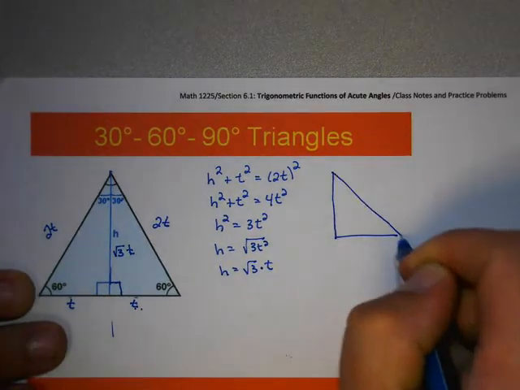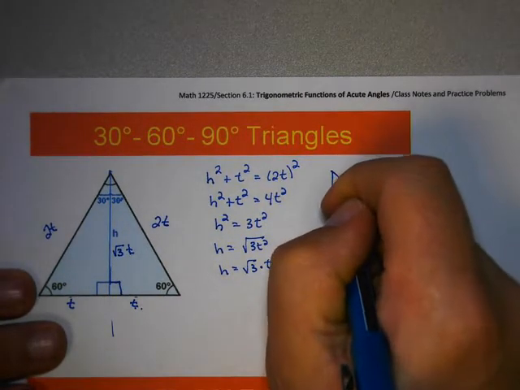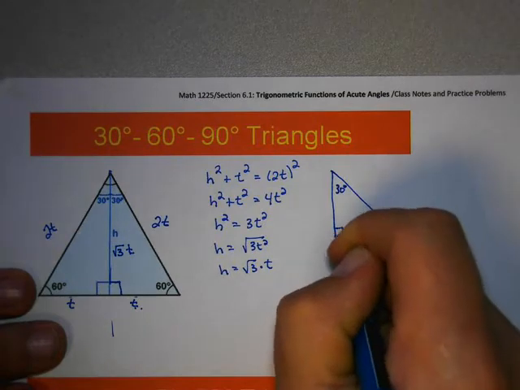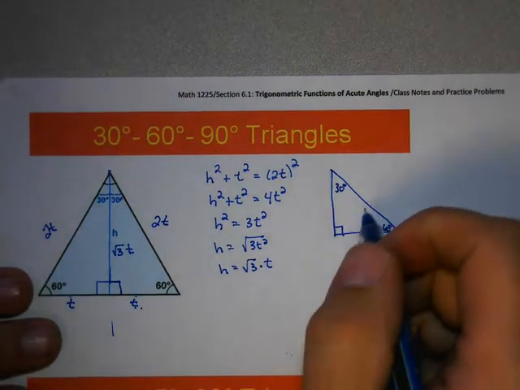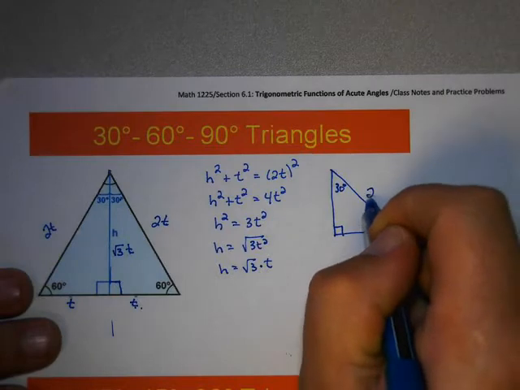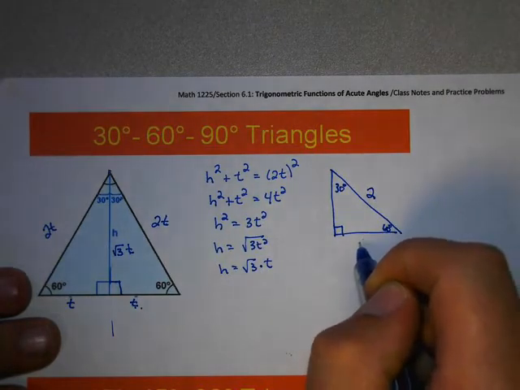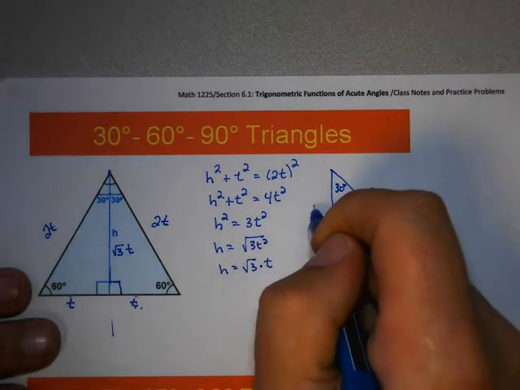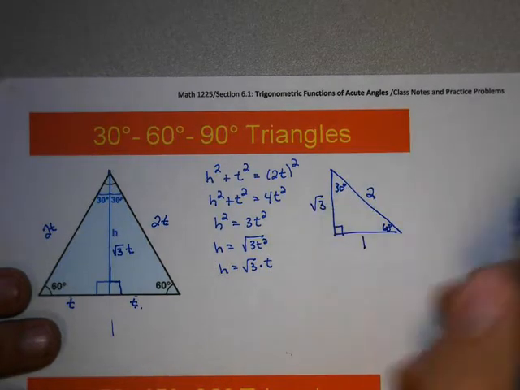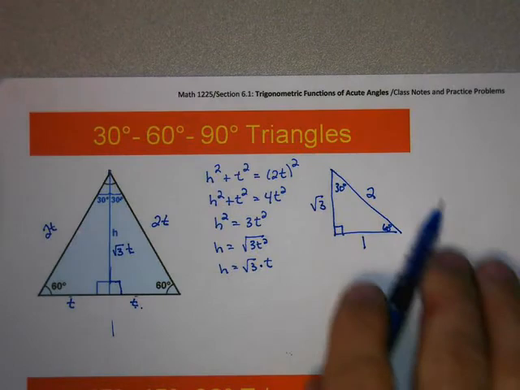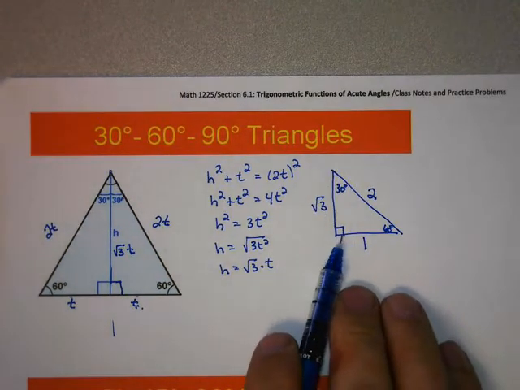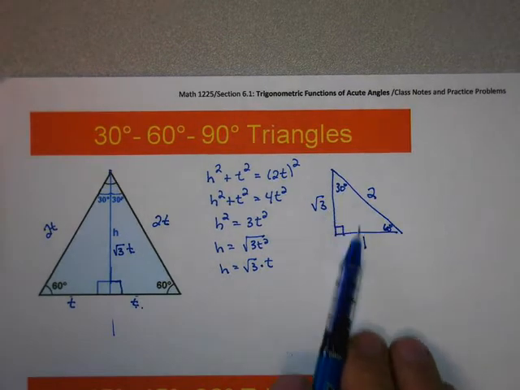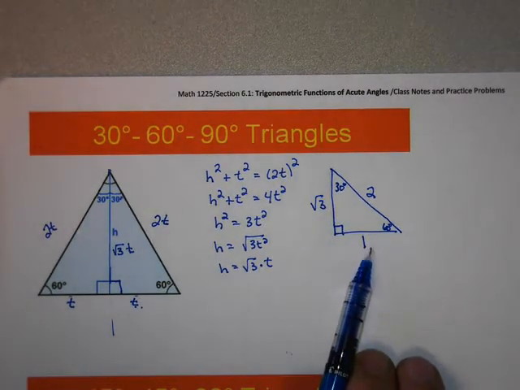and what we have is a 30 degree, 60 degree, 90, and if I divide 2t by t, I'm going to get 2. t divided by t is 1, and the square root of 3t divided by t is the square root of 3. And this is our basic 30, 60, 90 degree triangle. Now opposite 30 has to be the smallest side, 1.